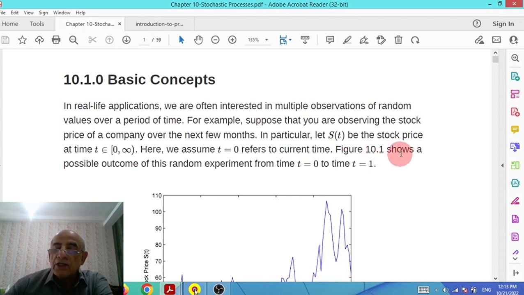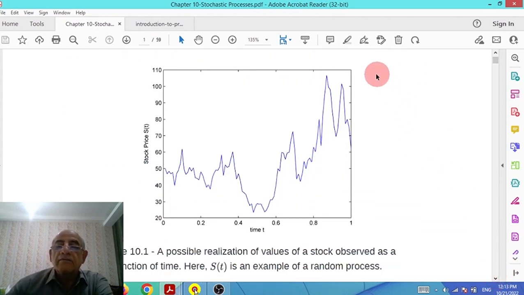Figure 10.1 shows a possible outcome of this random experiment from time 0 up to time 1, meaning in 1 month. The vertical axis represents the stock price, and this axis shows the time. At each time, how much is the stock price?